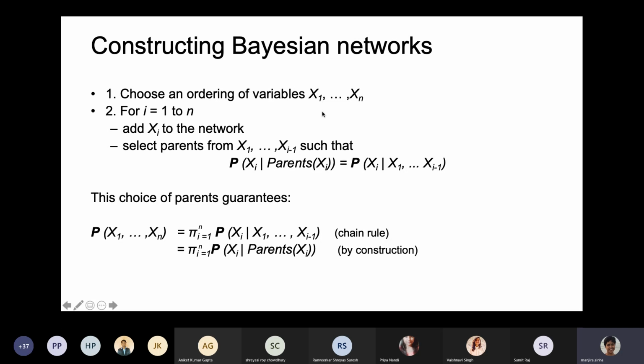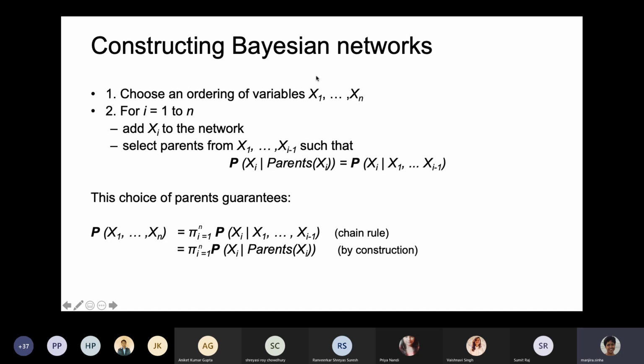So we choose an ordering of the variables and assign them the numbers x1 to xn. These are just the random variable numbers. These values do not signify anything else. And then we iterate i from 1 to n, and we add xi to the network.